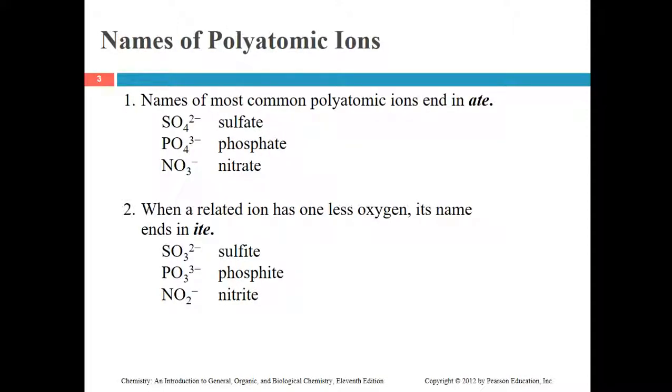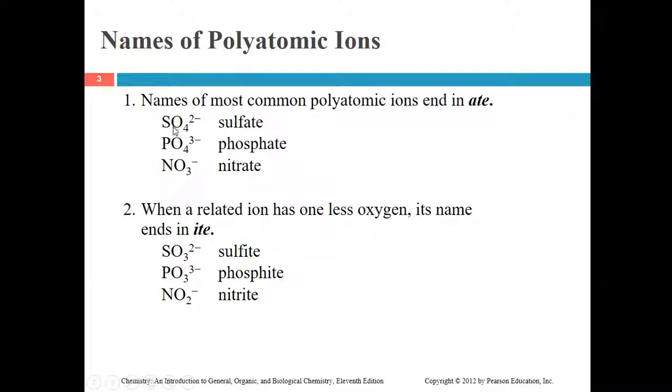Some common names of polyatomic ions that you might see a fair amount would be sulfate. Now notice these are anions, they're negatively charged, and notice the ending is no longer an IDE for an anion. And the reason is because this is a polyatomic ion. So we need to have a different ending, not IDE for the most part.